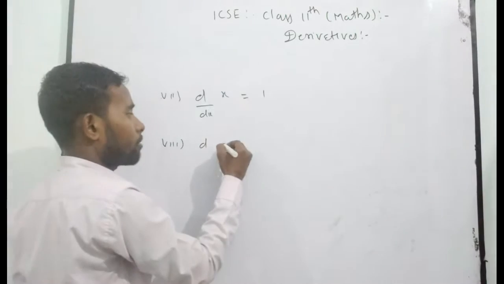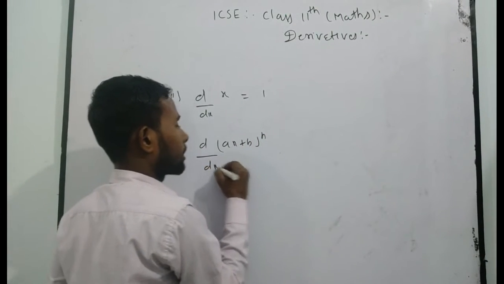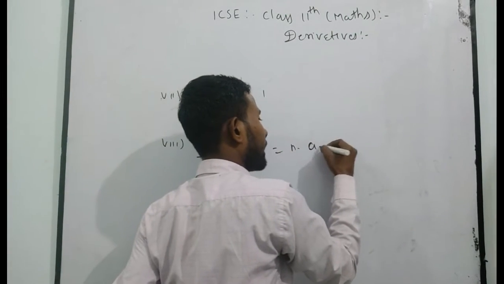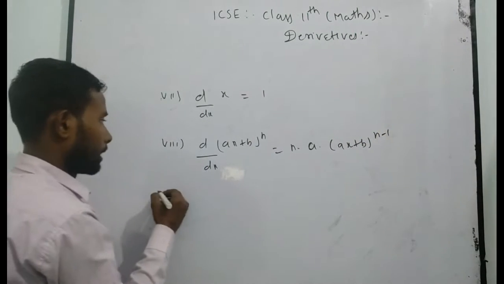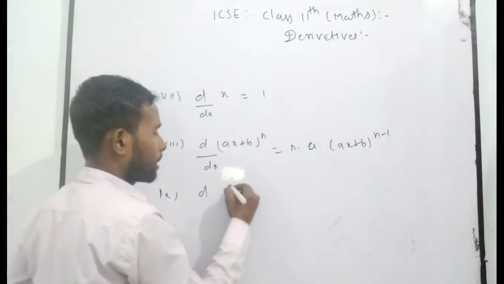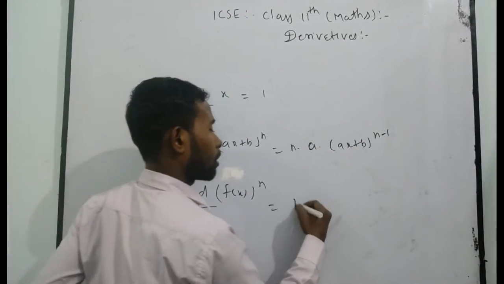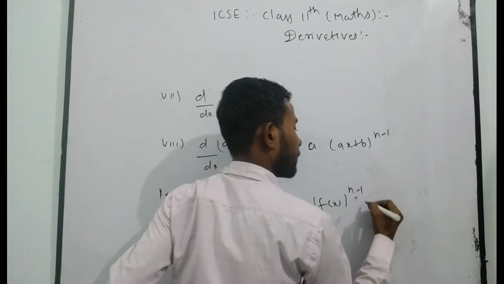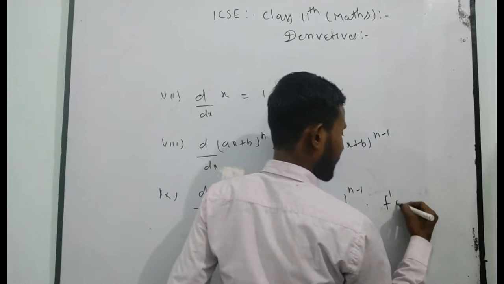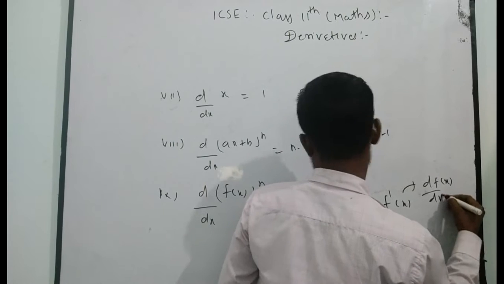The 8th property: the derivative of (ax plus b) whole to the power n with respect to x is equal to n into a into (ax plus b) whole to the power n minus 1. The 9th property: the derivative of f(x) whole to the power n with respect to x is equal to n times f(x) whole to the power n minus 1 into f dash x, where f dash x means df(x) by dx.